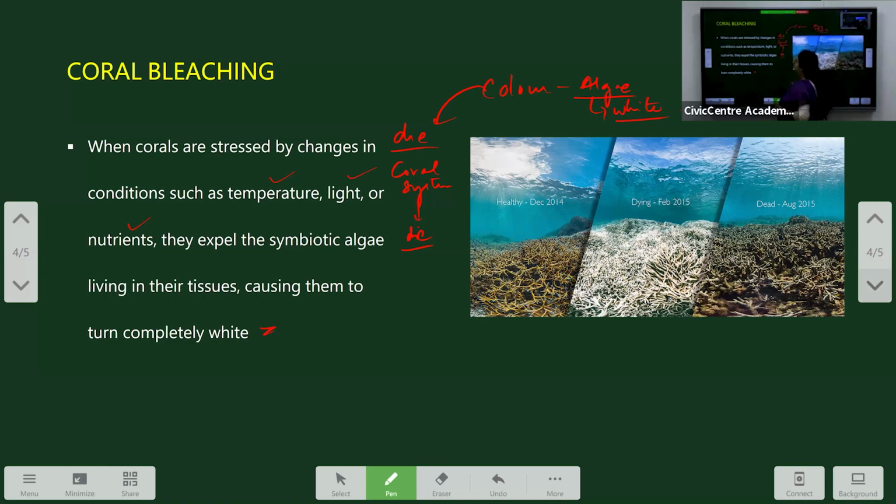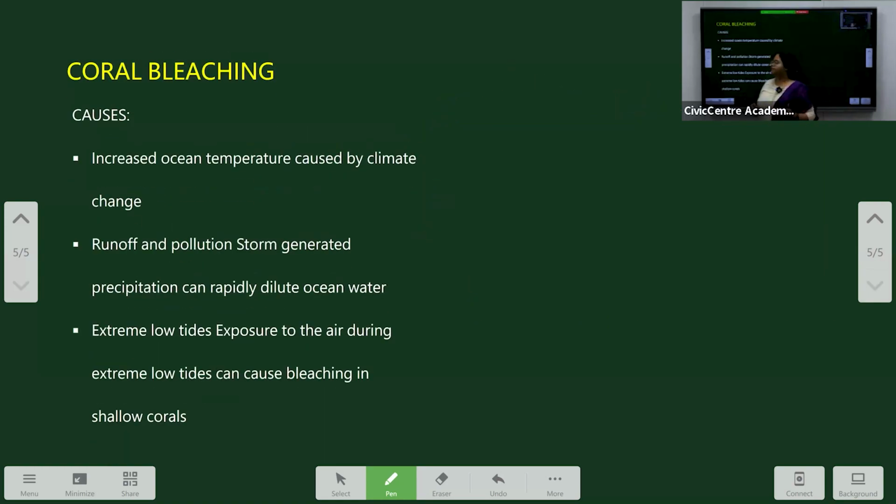So let's see what the causes of coral bleaching are. First one, as we have seen, increased ocean temperature. The major cause is climate change, global warming. Another is when there is runoff or pollution from generated precipitation that dilutes the ocean water.